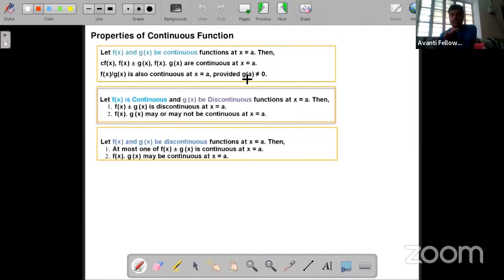Then properties. This is a major important part we should discuss. Actually the class is about to end, so you can just revise these concepts. For continuous functions, what are the properties? If there are multiple functions, let's say f, g, h, and if all functions are continuous, then f(x) plus g(x) or f(x) minus g(x), the product of the functions and the division of the functions will all be continuous at that point also.